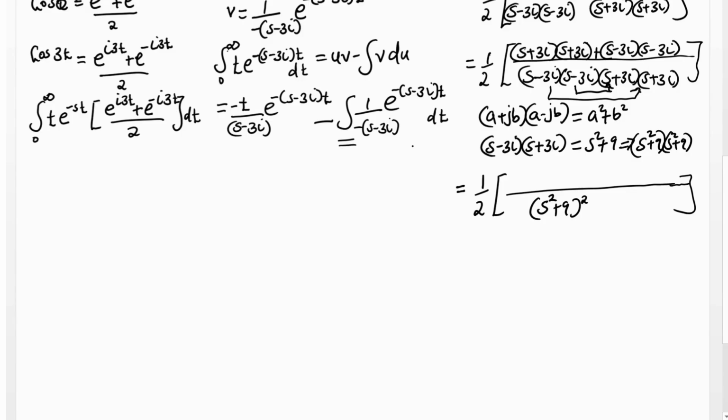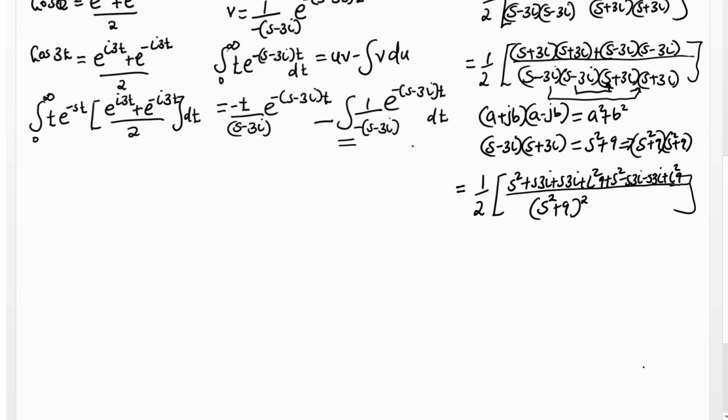So we pre-multiply: s squared plus s 3i plus s 3i plus i squared 9, plus s squared minus s 3i minus s 3i plus i squared 9.